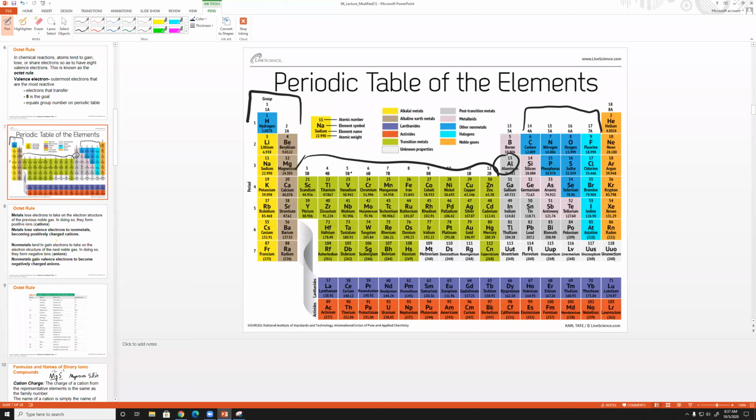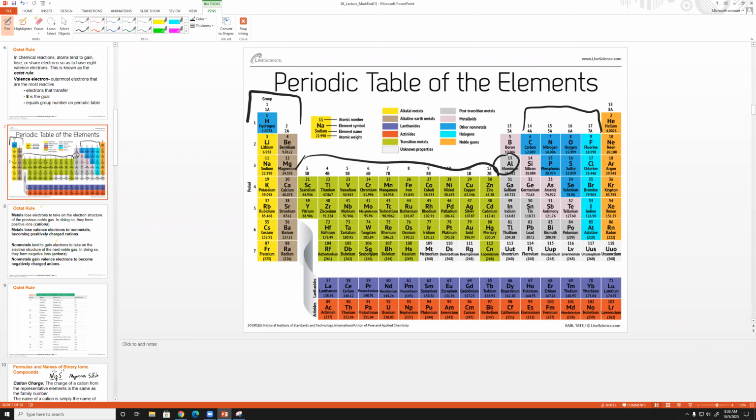The reason is that there are different rules, little modifications or tweaking of these rules, when we're describing the metals in the middle, the transition metals. It's because we don't know the charge of them per se until we know the formula.